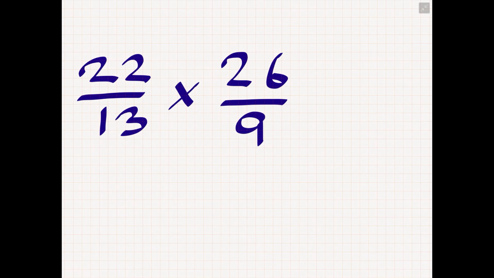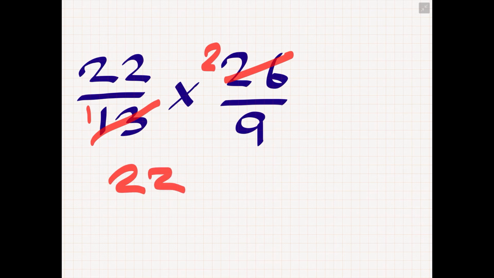So 13 can cancel down into itself once and cancels down into 26 twice. Checking diagonally the other way, 22 and 9, and as we can see there is again no common factor. However, we've simplified the problem now, and the problem is now 22 times 2 over 1 times 9.